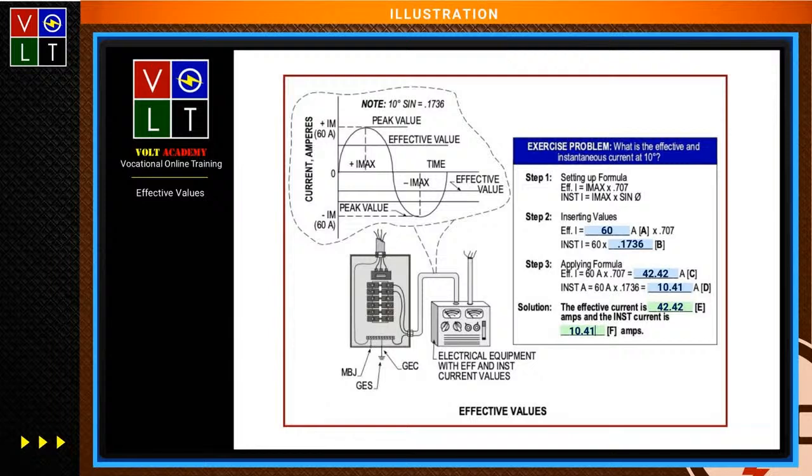But if I'm doing the effective, I'm going to use the value of 0.707. And if I have 10 degrees on the sine wave, I'm going to use 0.1736 to help me determine what that amperage is for the effective and instantaneous. And that's about as easy as it can be explained for you.